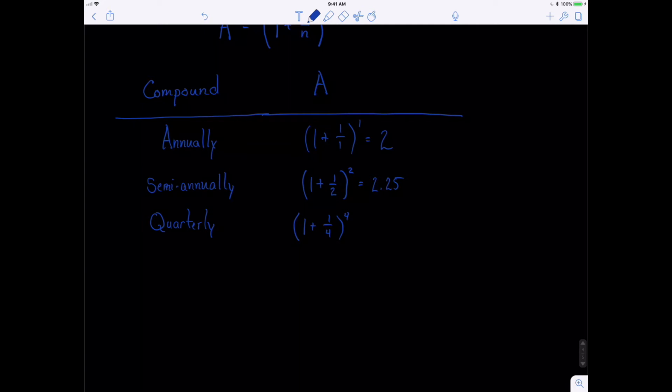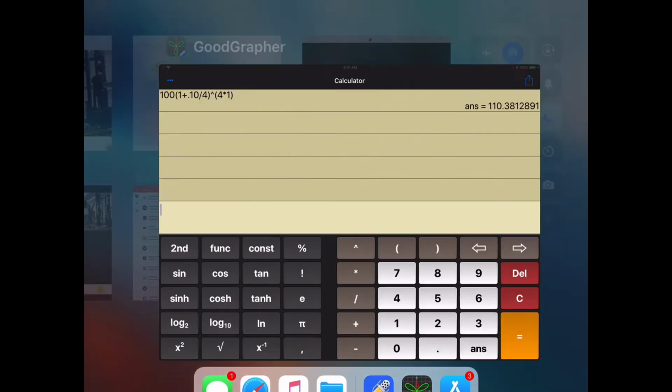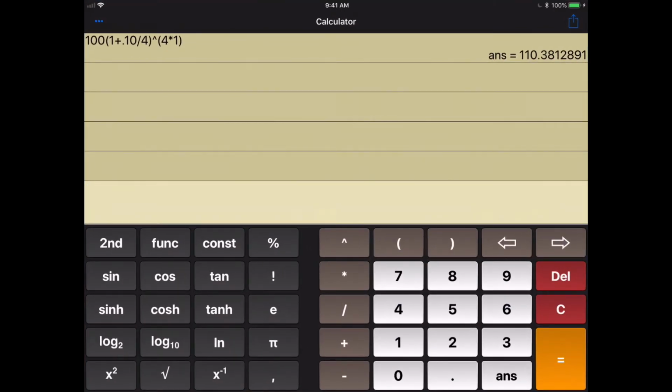So let me see if I can do this more gracefully this time. I'm going to switch over to my good grapher calculator. And let's try this. We're going to take parenthesis 1 plus 1 divided by 4 parenthesis, raised to the 4th power. Whoa, look at that. 2.44140625.